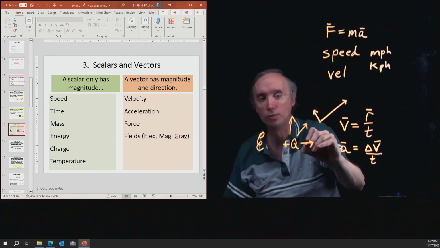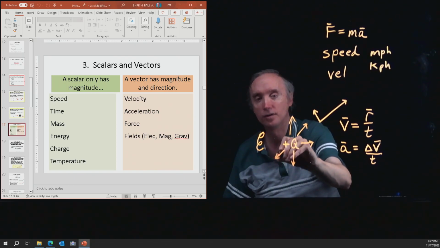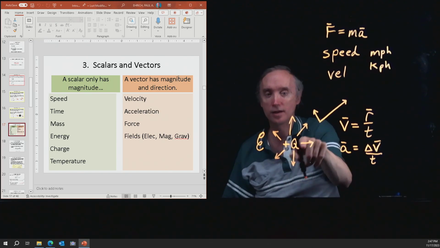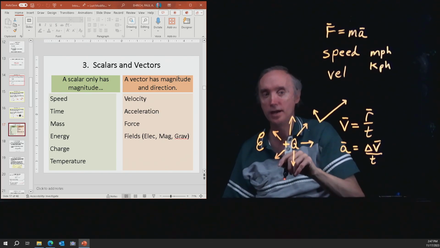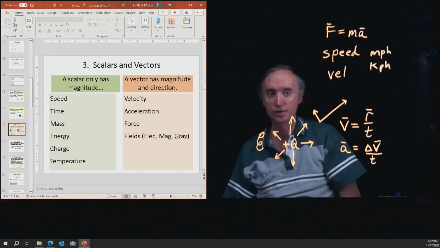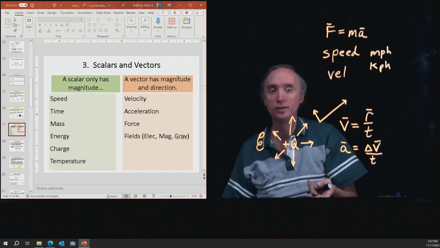It was a whole bunch of arrows that emanated from that charged particle. This, we said, was the electric field created by that positive charge. So the electric field has a direction associated with it, and it has a magnitude associated with it.